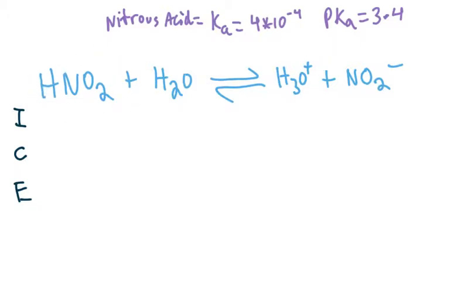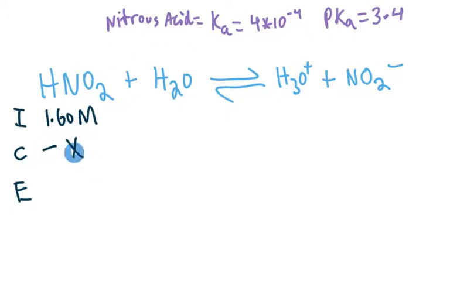So what that means is that we have a 1.6 molar solution to start off with, but this is a weak acid, so not everything is going to dissociate into the product. How much will dissociate? Well, we don't know. So we're going to put a minus x for the change, because we know something will dissociate, but we don't know exactly how much.